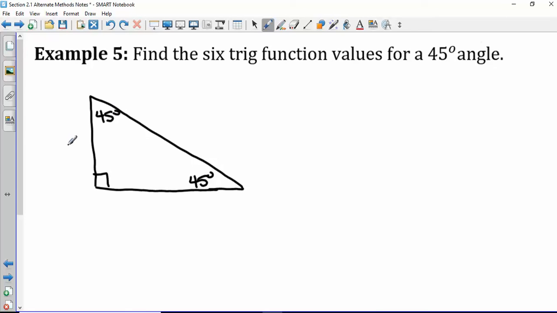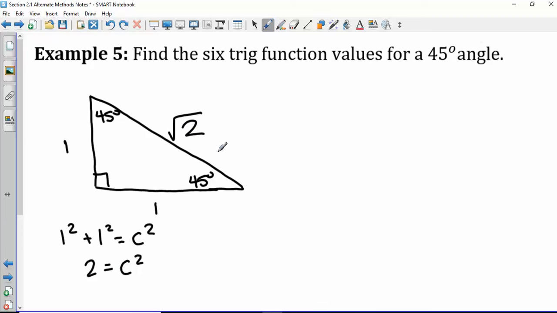And if those angles are the same, what's true about these sides? They're the same. So we could pick anything. Let's just do 1. So to find our hypotenuse, we get the square root of 2. Okay.